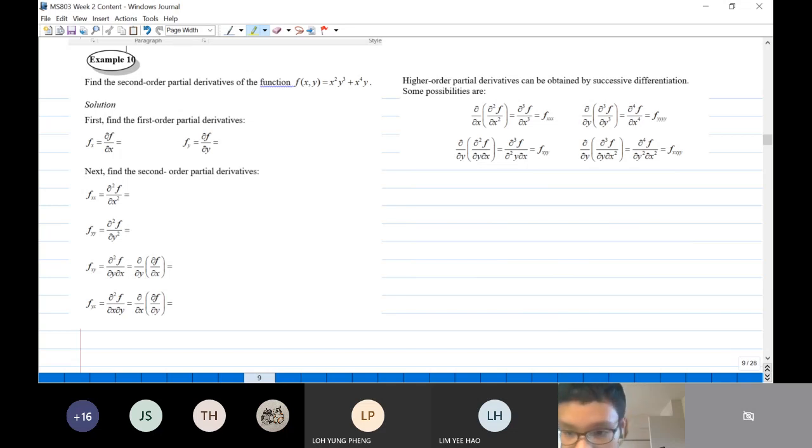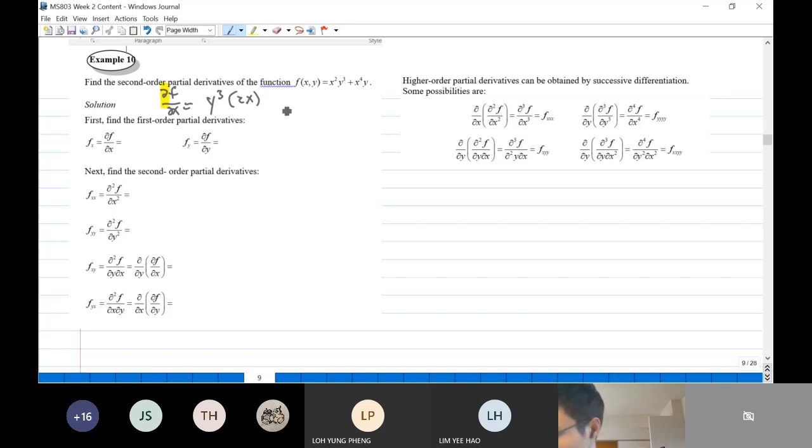Find the first derivative first, the partial differentiation with respect to x. Can you do it straight away? It is actually keep y fixed, so the y cubed, 2x. Then keep y fixed, you get y taken out, 4x cubed.